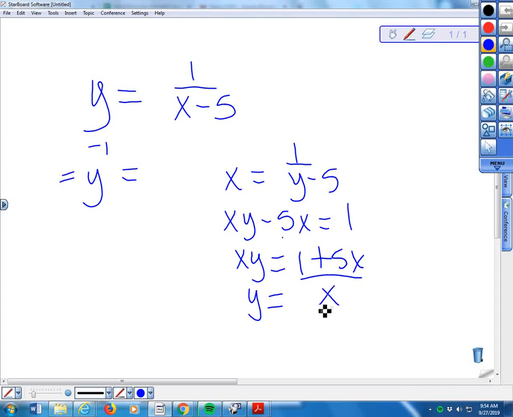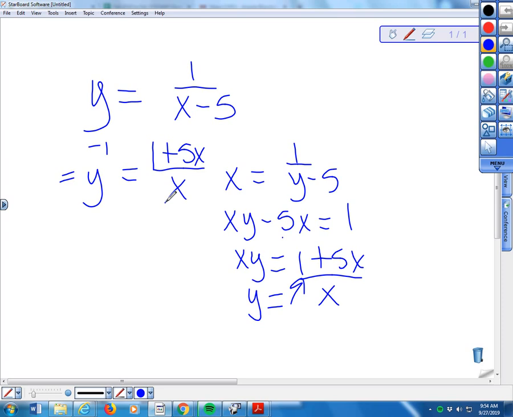Y equals that. It's bad math all the way. So swap x and y, multiply both by y minus 5, add 5x, divide by x. This is the inverse of that. Remember that process?